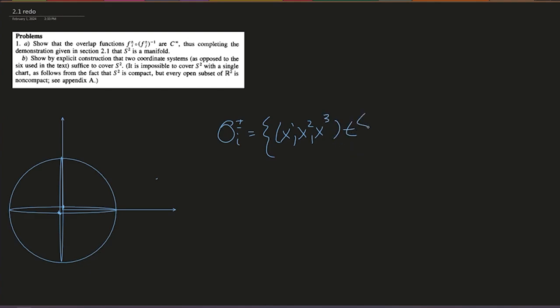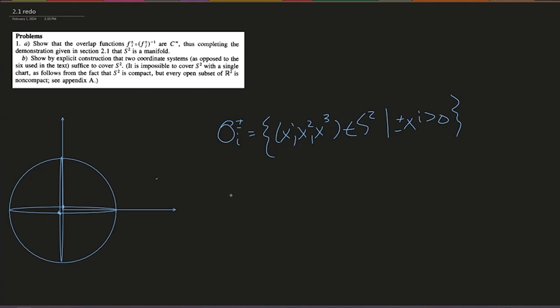The coordinates belonging to the unit 2 sphere, plus or minus x sub I greater than 0. So this is just saying that the hemispheres start from 0 and extend to the top of the sphere.